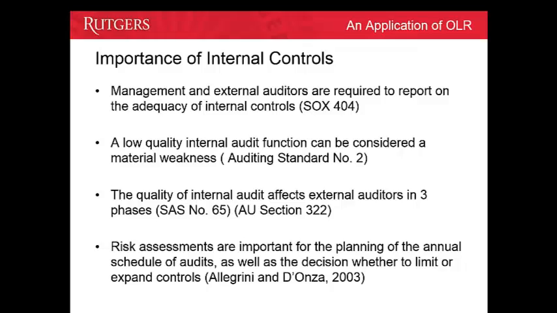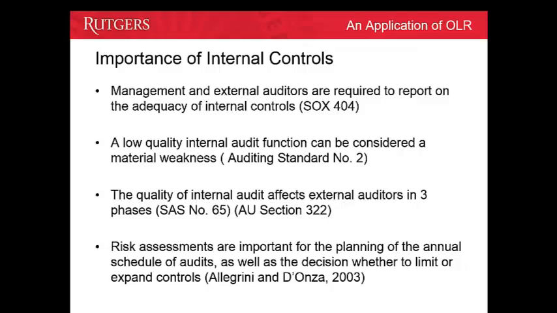Moreover, Auditing Standard Number 5 encourages external auditors to take the work of internal auditors into consideration. However, this depends on the quality of the internal auditor's work. In fact, Auditing Standard Number 2 considers a low-quality internal audit function by itself as a material weakness.